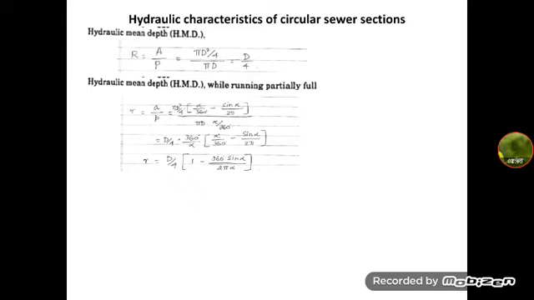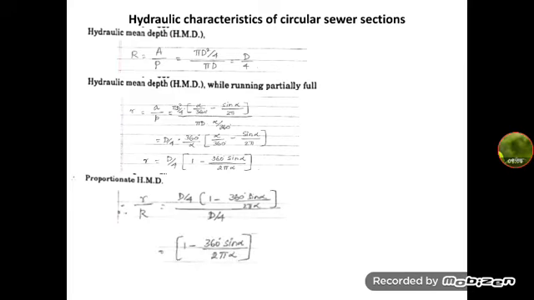By substituting the values from the previous section, we get D by 4 into 1 minus 360 sine alpha by 2 pi alpha. So the proportionate hydraulic mean depth small r by capital R is equal to, after D by 4 gets cancelled, 1 minus 360 sine alpha by 2 pi alpha.